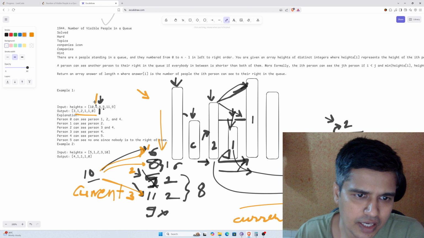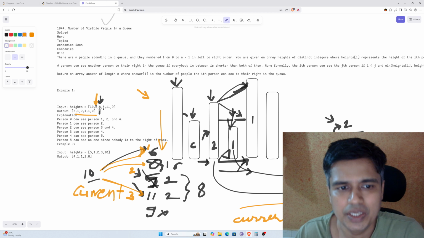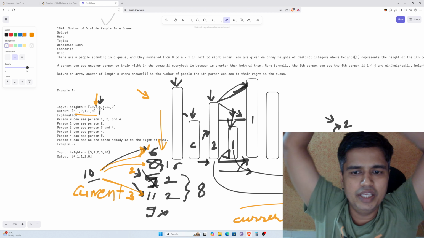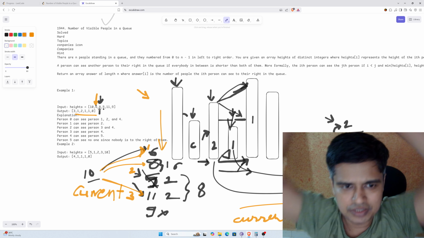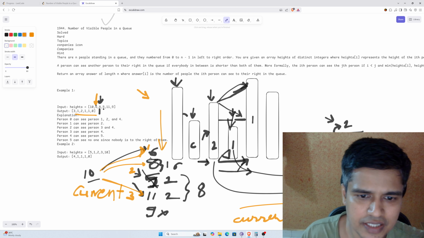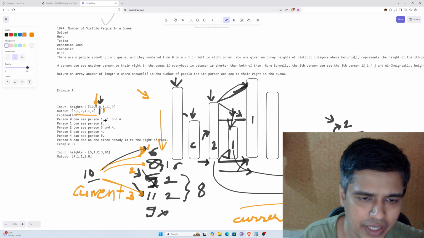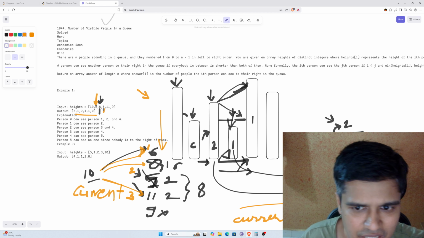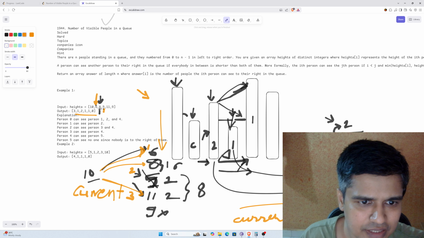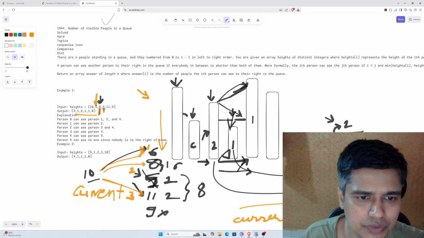So if the current number is greater than what is at stack peak, then we are going to discard that. In other words, if stack peak is less than the current number, we'll get rid of it. So why are we going to get rid of it? Because we want to compute how many people are that way.